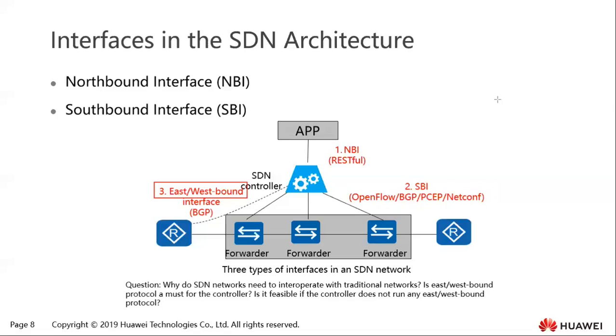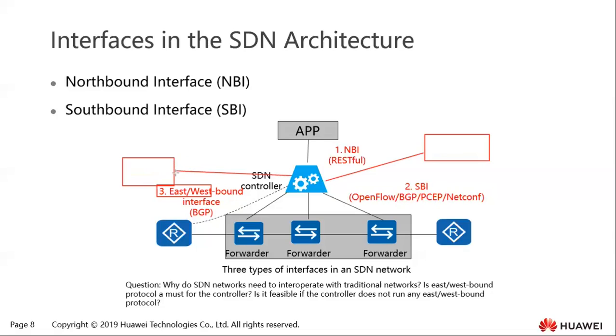What that means is that through the east-west bound interface, you can interconnect with other controllers. So that's why it's called the east-west bound interface. Generally, those are the three types of interfaces that the SDN provides.